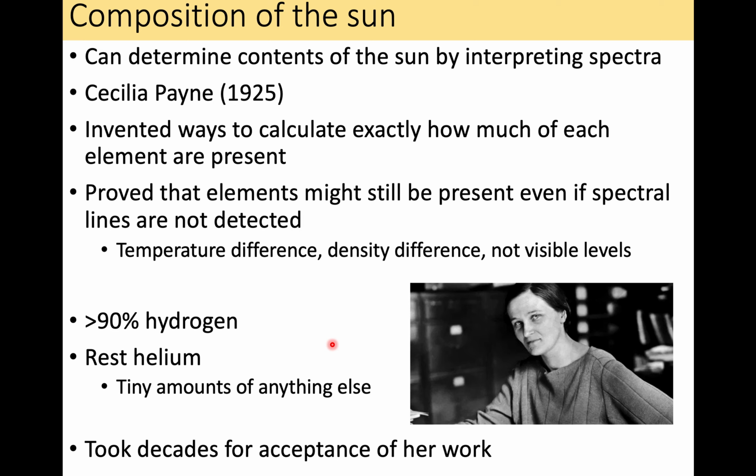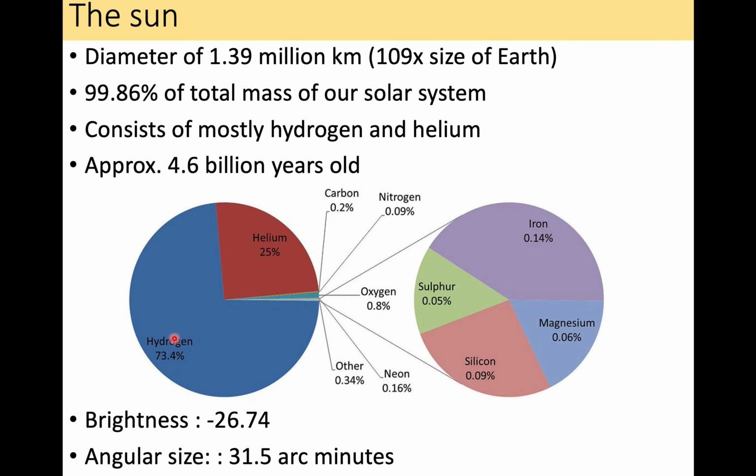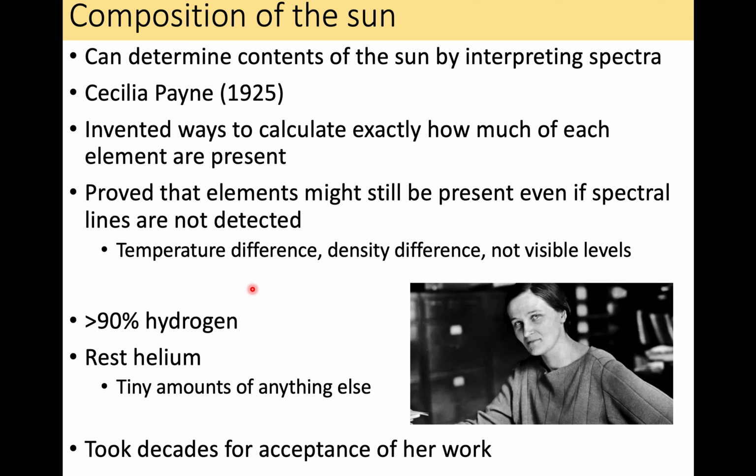So previous to this, using the spectra, we were able to determine, yes, there's hydrogen, yes, there's helium, but we didn't know the proportions. So this woman scientist invented the way to calculate how much of each element was present. She also proved that elements might still be there, even if we don't see their spectral lines.